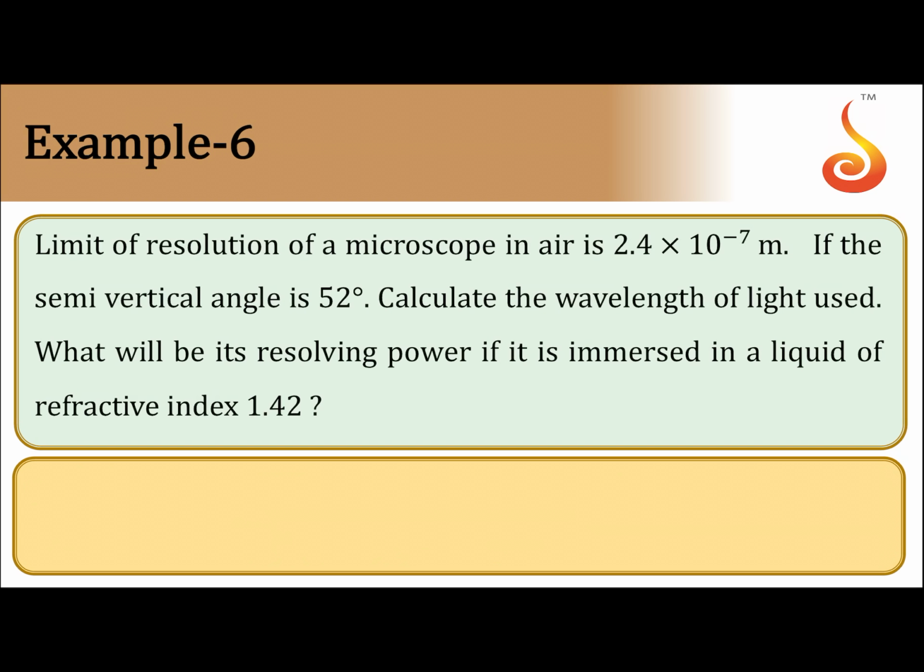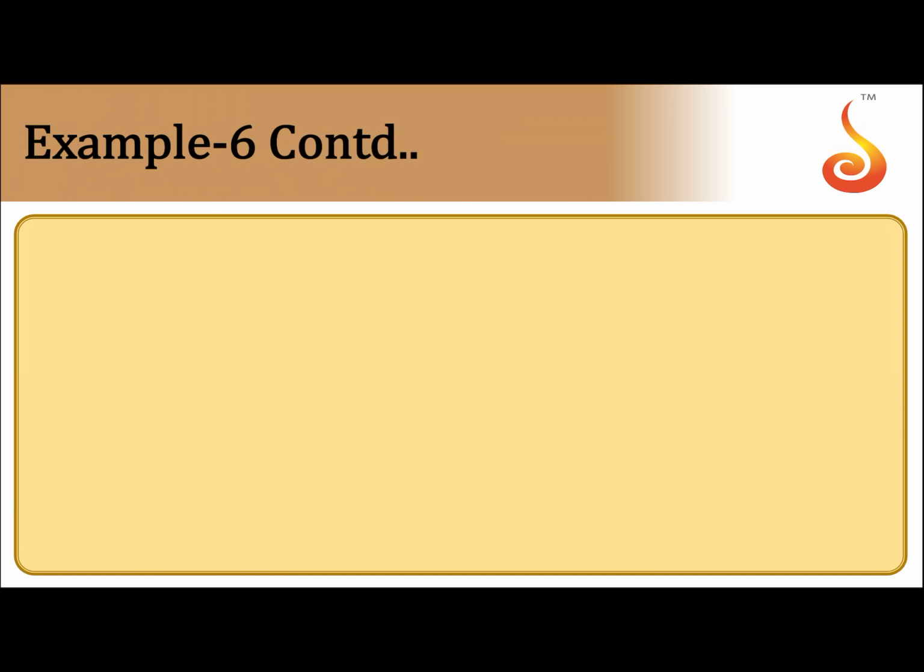So first find the wavelength of light used. We know that limit of resolution dx is equal to 1.22 lambda divided by 2n sin beta. So we need to find lambda.